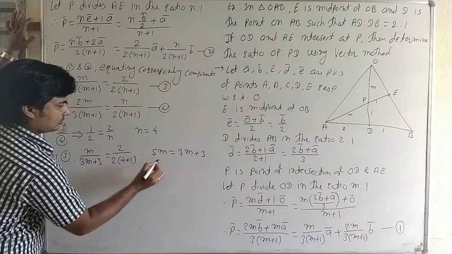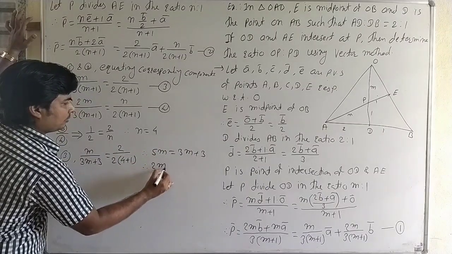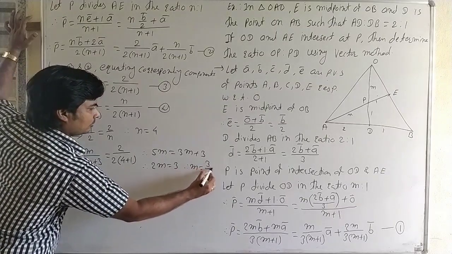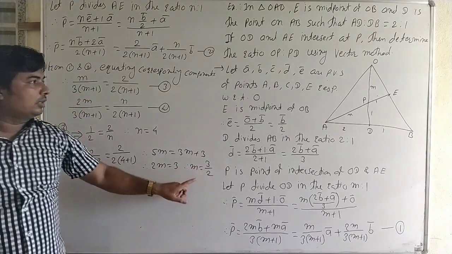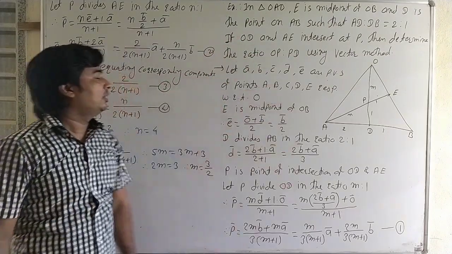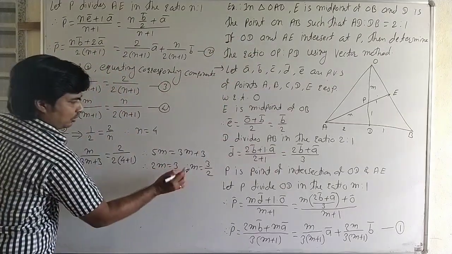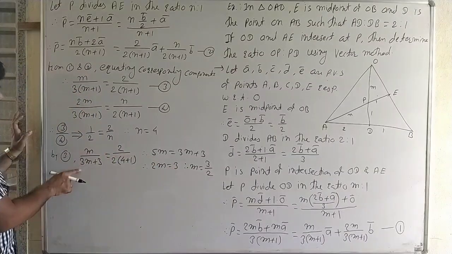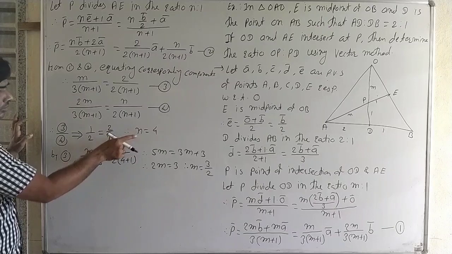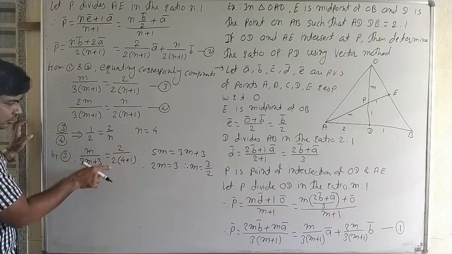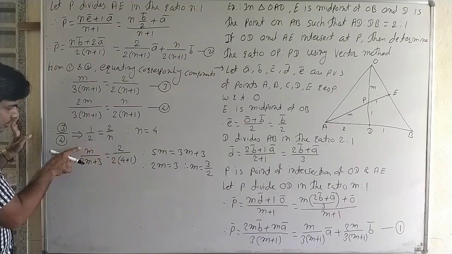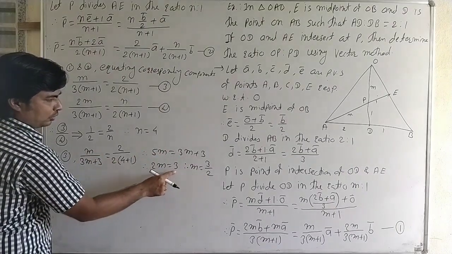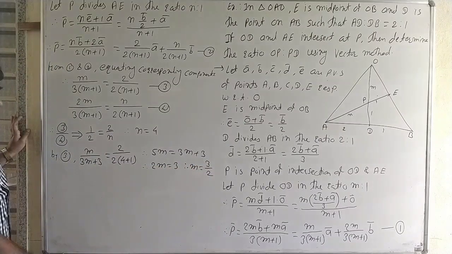Then 2m is equal to 3, and therefore m is equal to 3 by 2. It is the value of m, and it is the ratio.